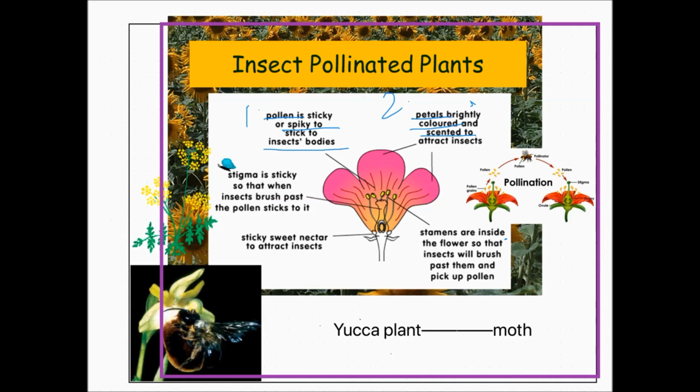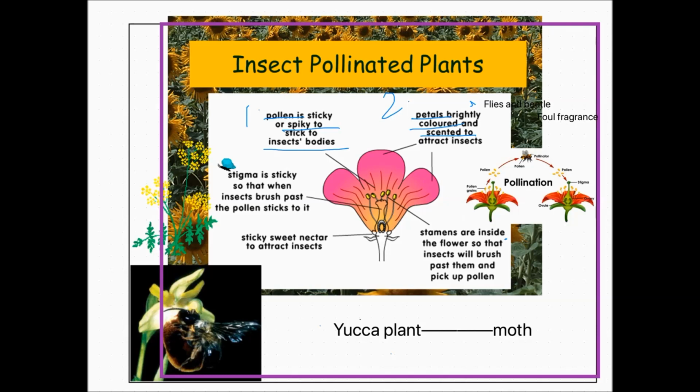Some flies and beetles are attracted to the flower by its which fragrance? Foul fragrance. So flies and beetles are attracted towards the flower by its foul fragrance.